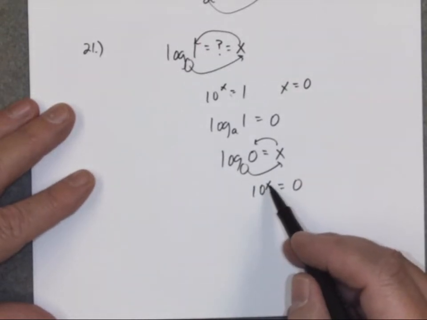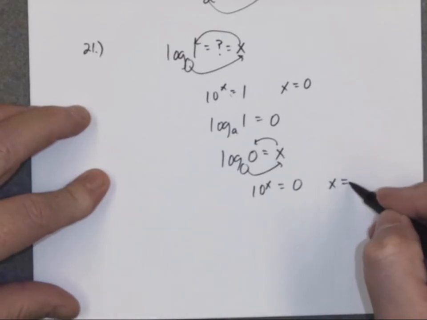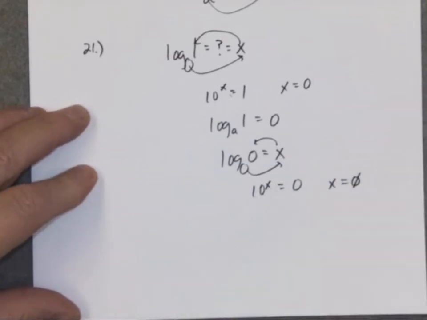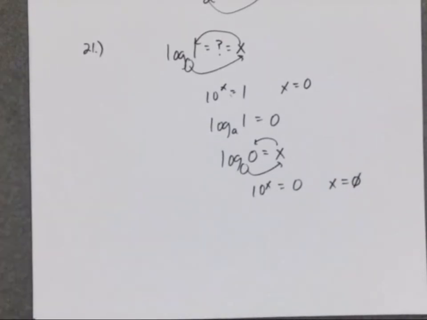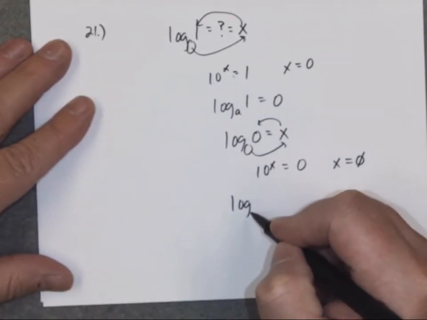So when we ask ourselves, what number could I put in for x where 10 to the x equals 0? As it turns out, if you think about it, or maybe you never thought about it, it's actually impossible. There's no number I can plug in for x that's going to work here. Which means, you can remember this, it helps.